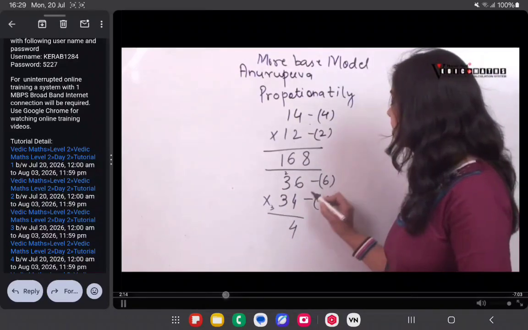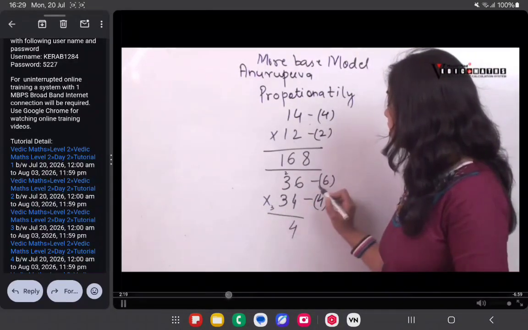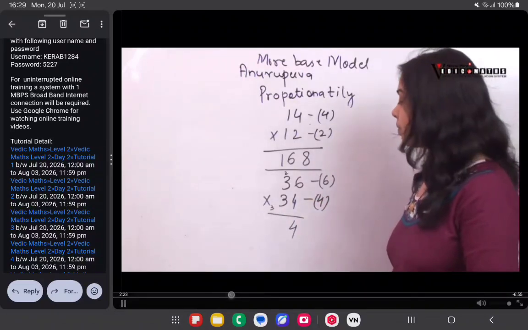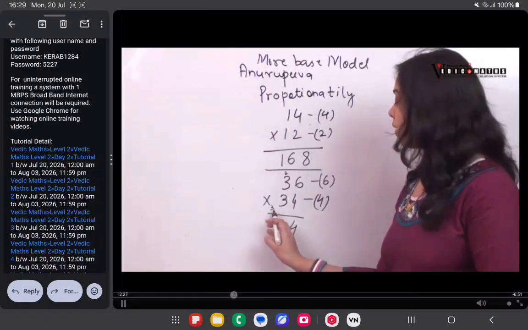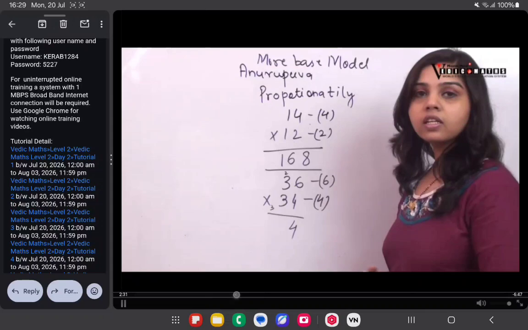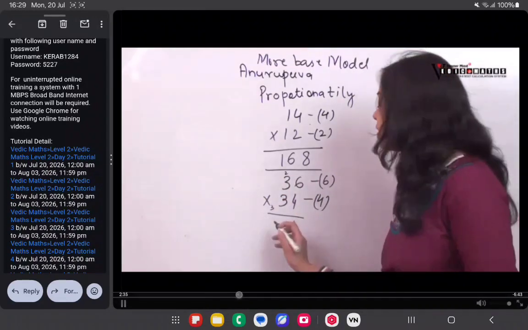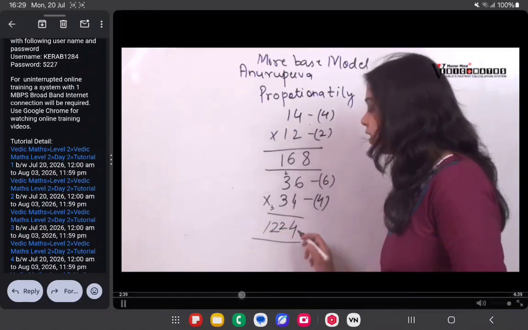Then add the excess to the other number. So 6 plus 34 is 40, and our base is 30, so we have to multiply this 40 by 3. 40 into 3 is 120, and we have 2 carried over, that means 122.